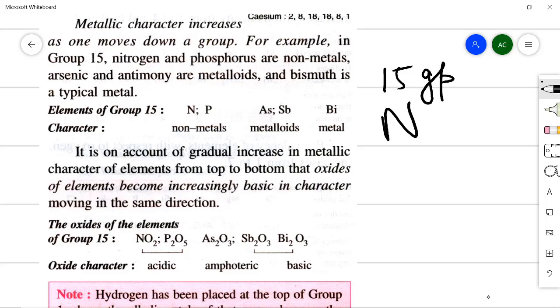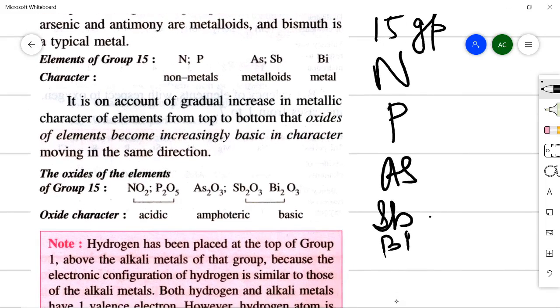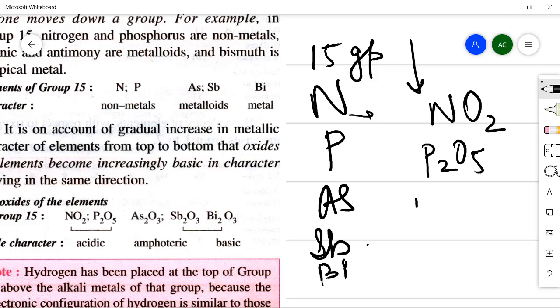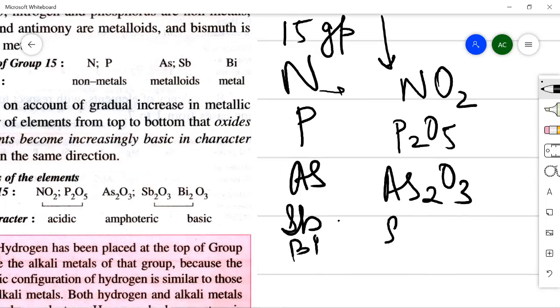The 15th group has nitrogen, phosphorus, arsenic, antimony, and bismuth. Nitrogen forms an oxide with the formula NO2, phosphorus forms P2O5, arsenic forms As2O3, antimony forms Sb2O3, and bismuth forms Bi2O3.